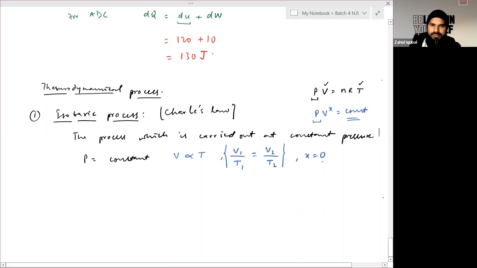Put this value of x in the above expression for molar specific heat for this process. Molar specific heat at constant pressure.